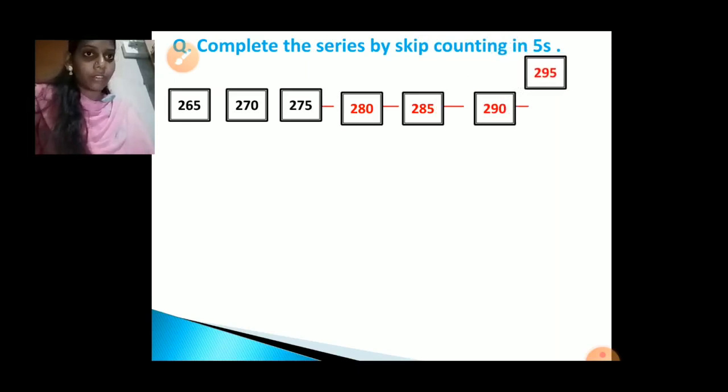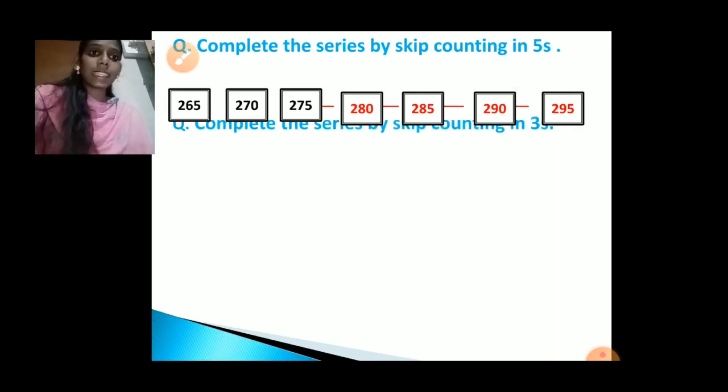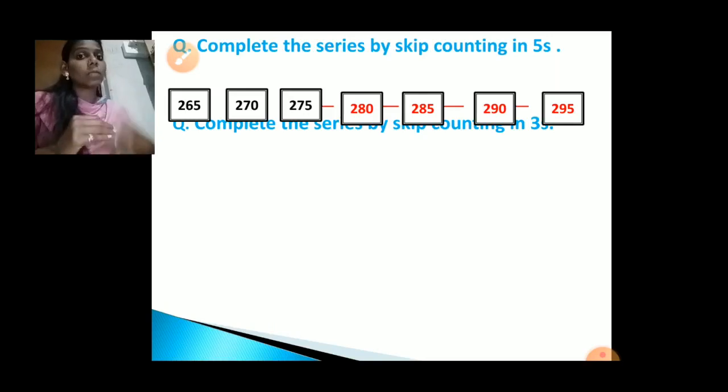And after 290, 295. Very good. Now the next question is to complete this series by skip counting in 3s. Just as we skip counted by 5s in the last series, now we have to skip the numbers by 3s, which means skipping 3 numbers.